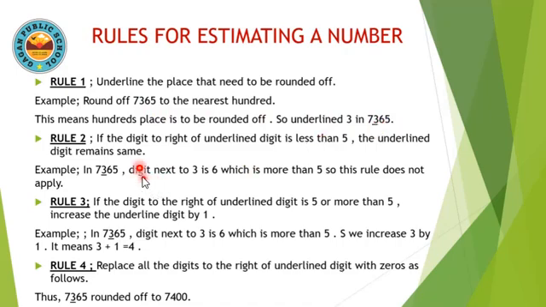Okay, now if the digit to the right of the underlined digit is less than 5, the underlined digit is 3, but the number right of the underlined digit, it means we are talking about the tens place, that is 6. If it is among the numbers 1 to 4, then the underlined digit remains the same.